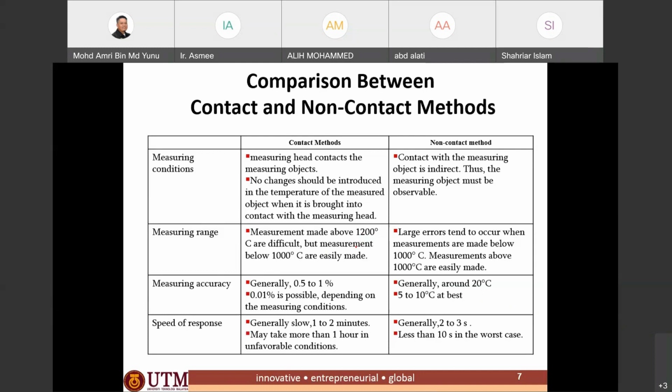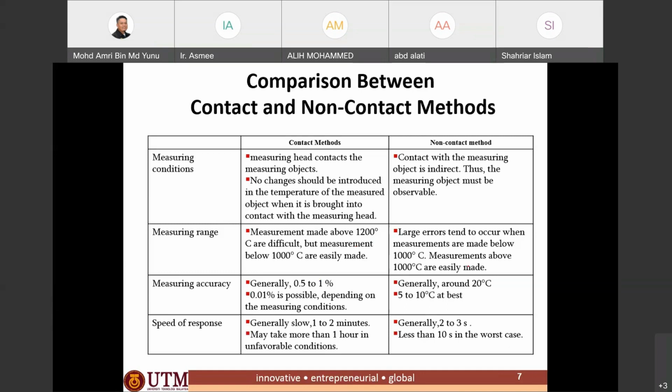At some point it may melt, break or change the material of the measuring device. But measurement below 1,000 degrees Celsius is feasible for contact measurement.